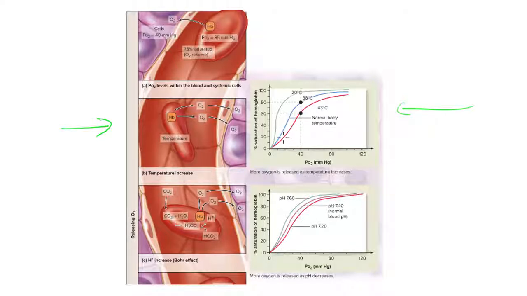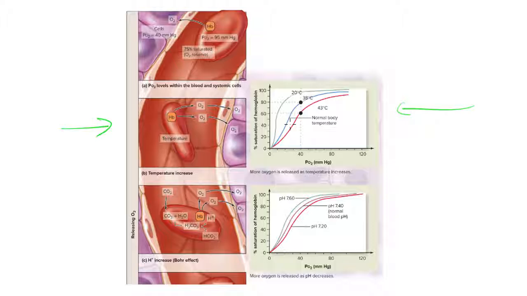If you increase your body temperature, that causes the hemoglobin to change shape or not want to bind with oxygen as well, okay? So it will release the oxygen easier. If you release the oxygen from the hemoglobin, the saturation goes down.